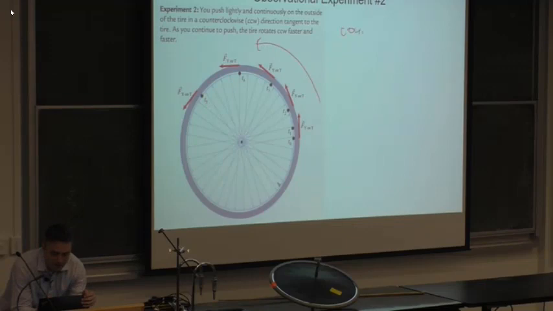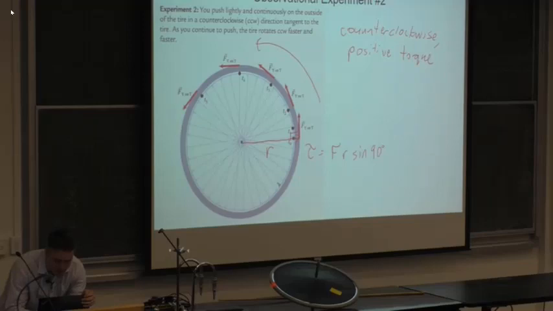So this is actually counterclockwise. So is that positive or negative? Positive, I think, torque. Because here you have this R, and this force, the torque is going to be equal to F times R times sine of 90 degrees, which is the angle between the force and the R vector.